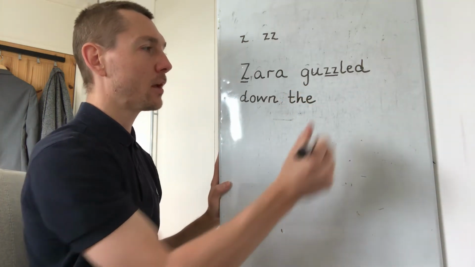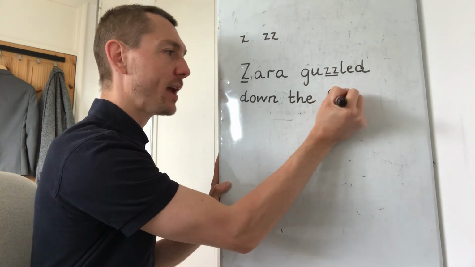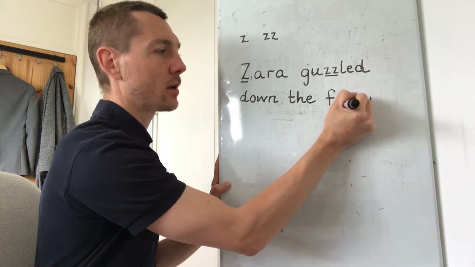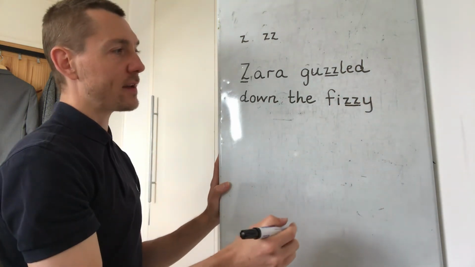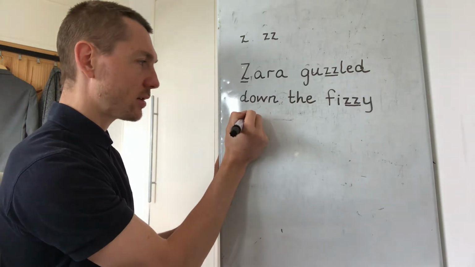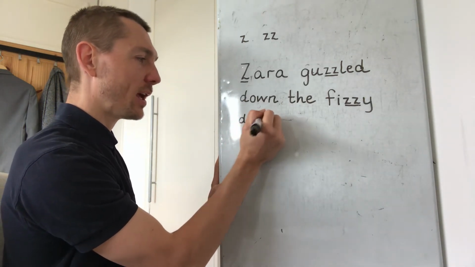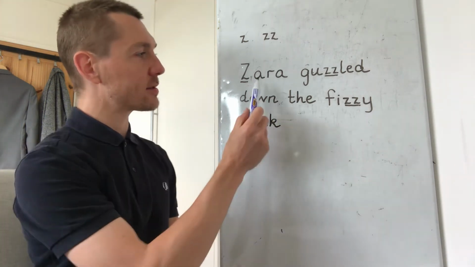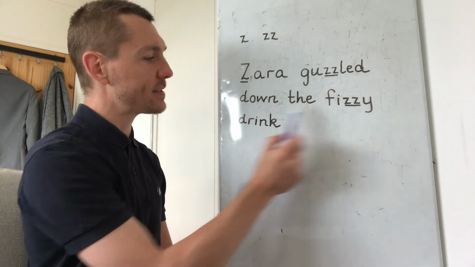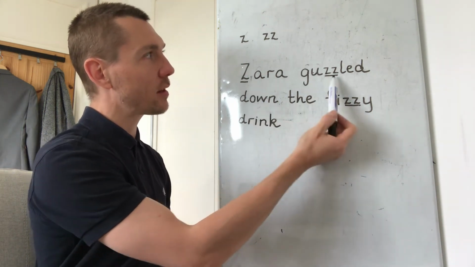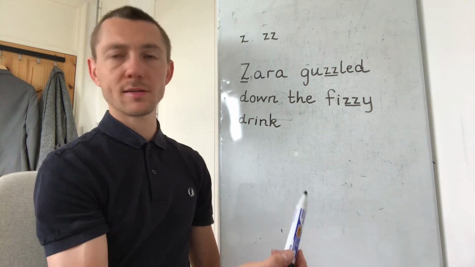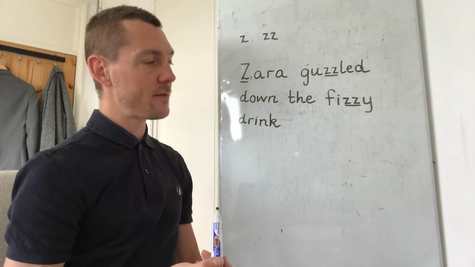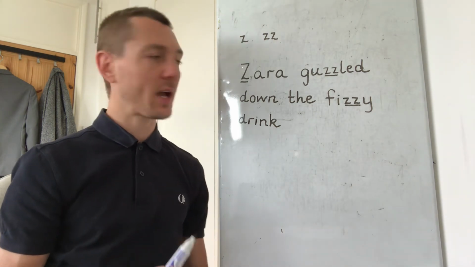The. Fizzy, fi, z, fizzy. Drink, d, r, i, k. Okay, Zara guzzled down the fizzy drink. Check that you've got those three spellings of z in Zara, guzzled and fizzy. Got the same as I have. And then we'll move on to the second part, okay?